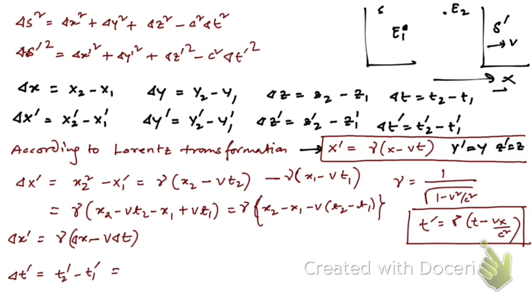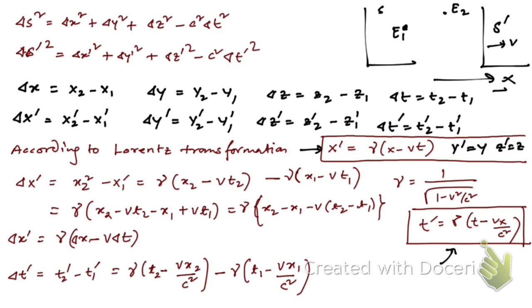If we use this transformation for time, then t2 dash will be given by gamma into t2 minus v x2 by c square. That's what we're going to have, right? And similarly, t1 dash is going to be equal to gamma into t1 minus v x1 divided by c square. Hope you have understood this.